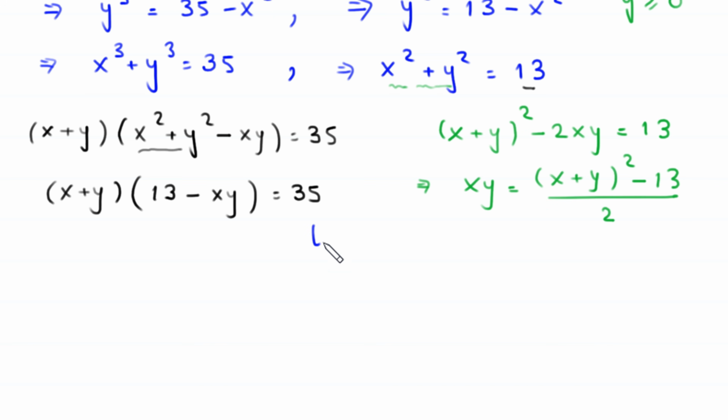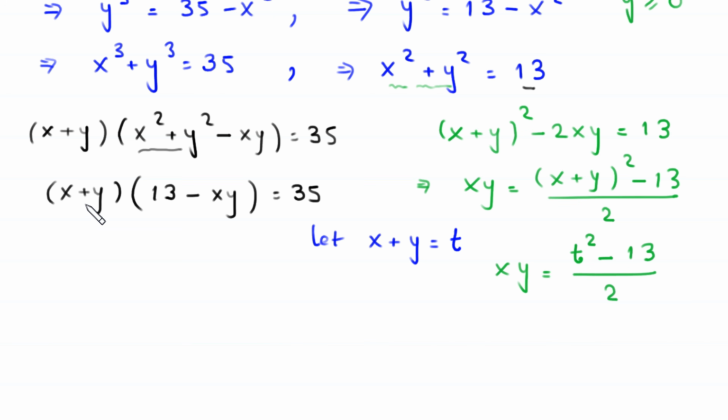Now let x plus y equal t. So xy is equal to t squared minus 13 divided by 2.